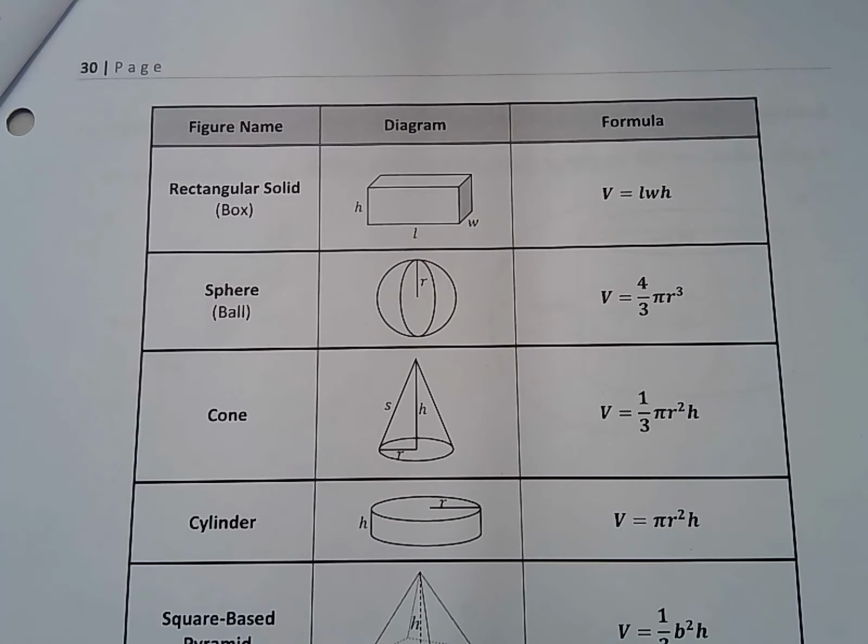They're very straightforward. Sometimes when we come across some examples, they're gonna ask, how much water can you put in there? Well, remember, water is on the inside of the shape, so we're looking at the volume calculation.